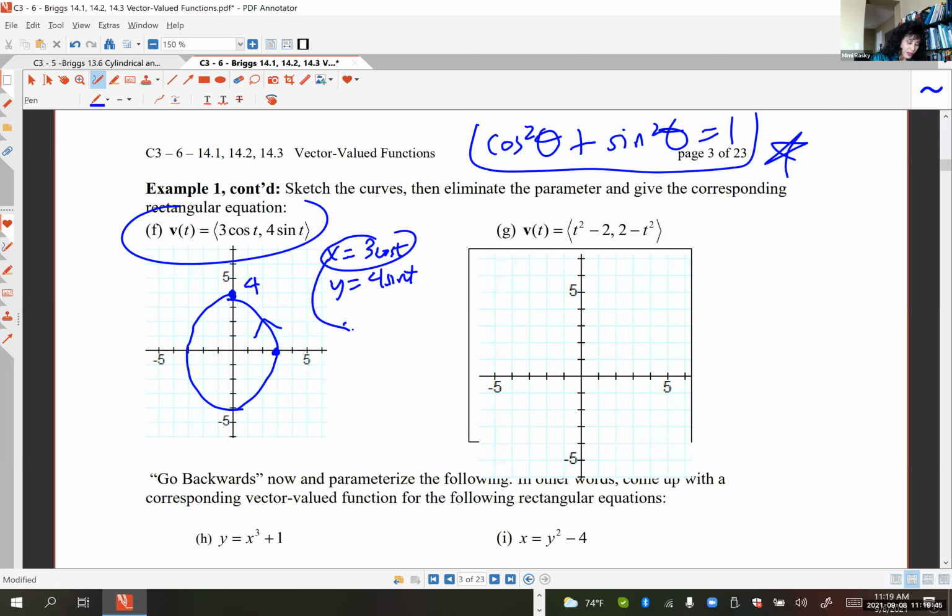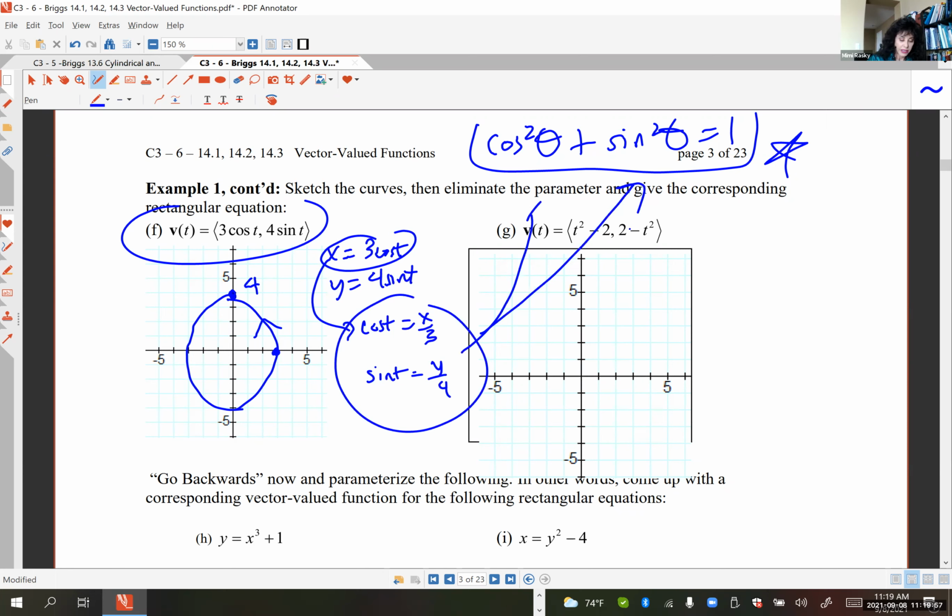And now, instead of solving for t, you're going to solve for the trig functions in turn. So cos is x over 3, sine is y over 4, and then you're going to plug these into this trig identity. So you're going to get x over 3 squared plus the quantity y over 4 squared equals 1, and then clean this up just a little bit, and you're pretty much done.